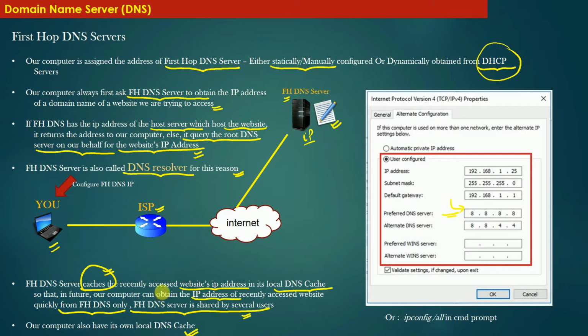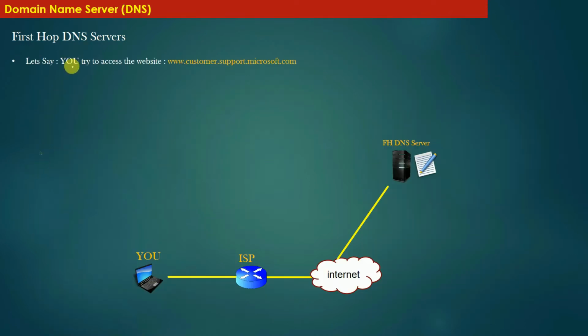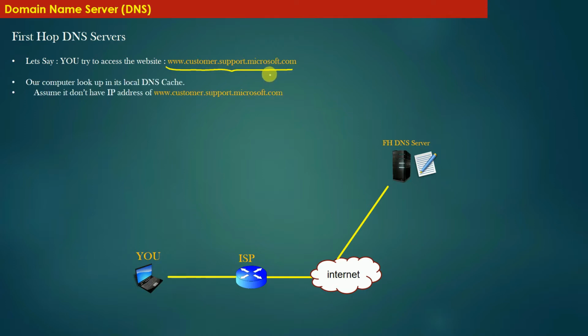Now next, let us try to understand the functionality of the First Hop DNS server in a little more detail. Let's say on your computer you are trying to access the website www.customer.support.microsoft.com. For example, you are trying to access this website. So what will your computer do?